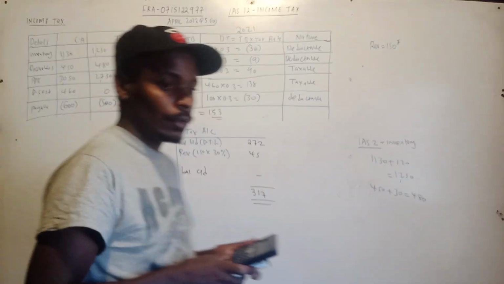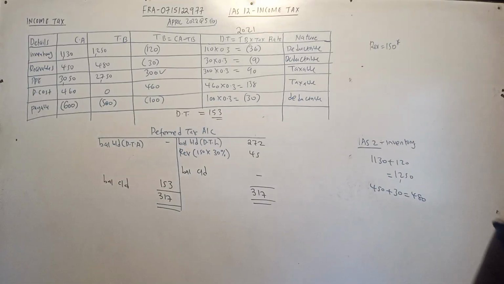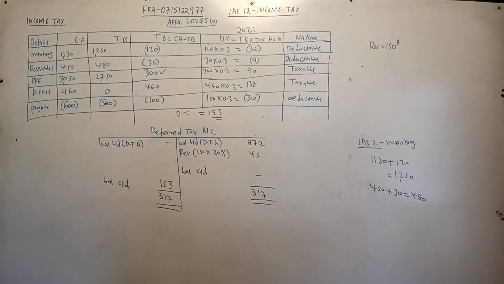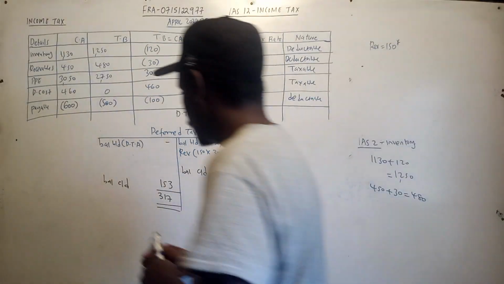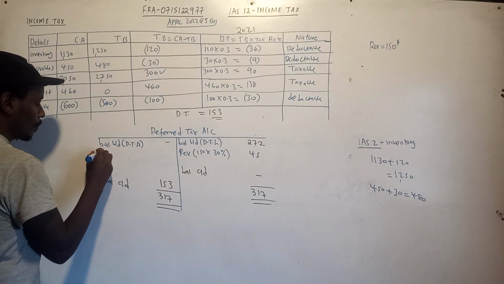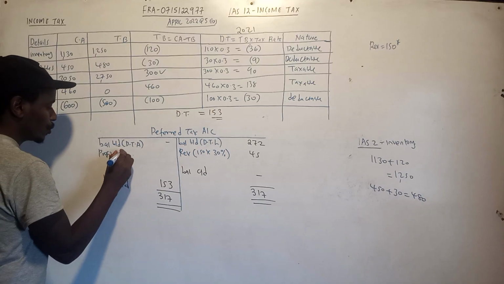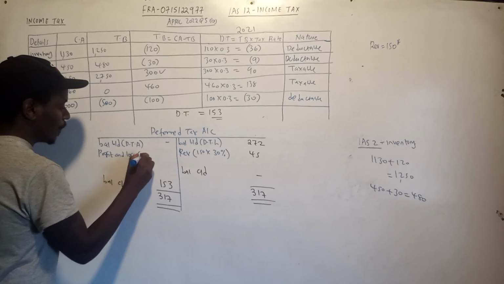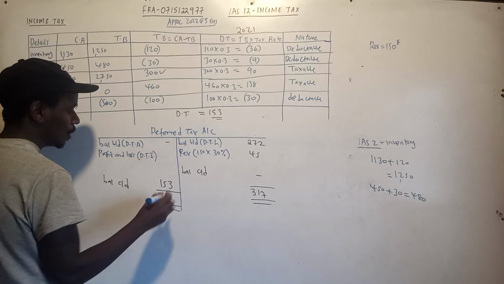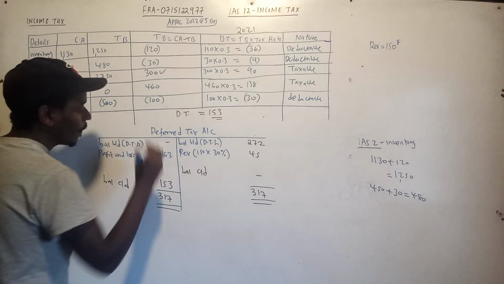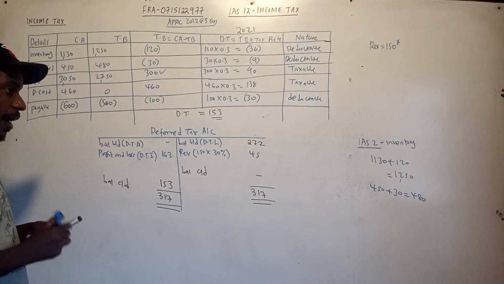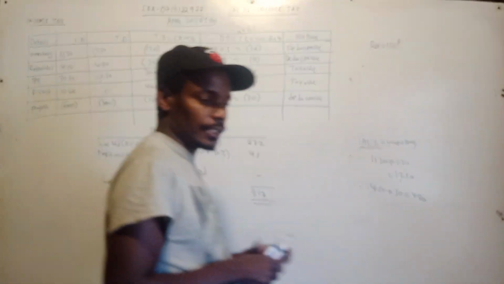Now this 164 is the deferred tax asset, to profit and loss, which is a deferred tax income, not asset, of 163. So that marks the end of our income tax.